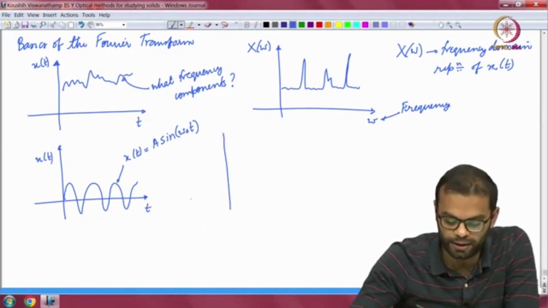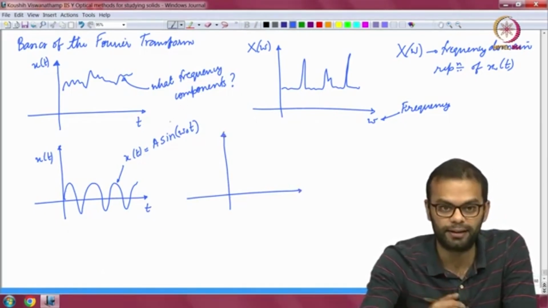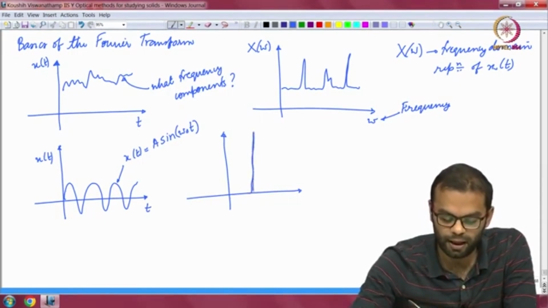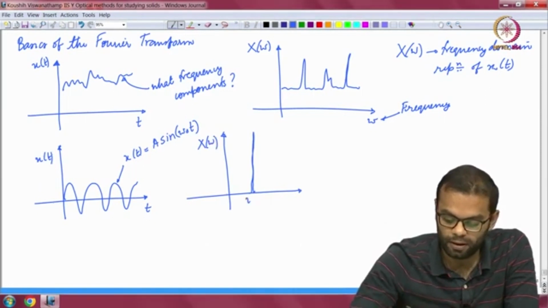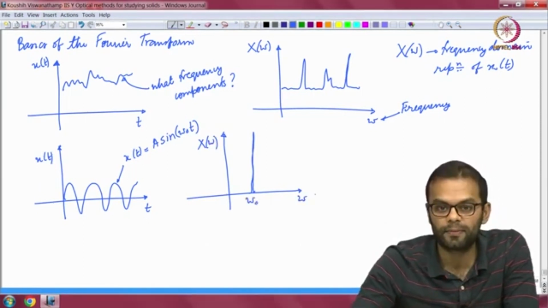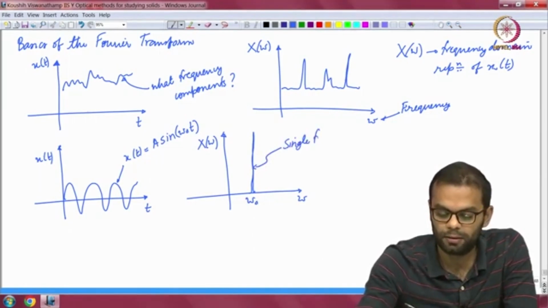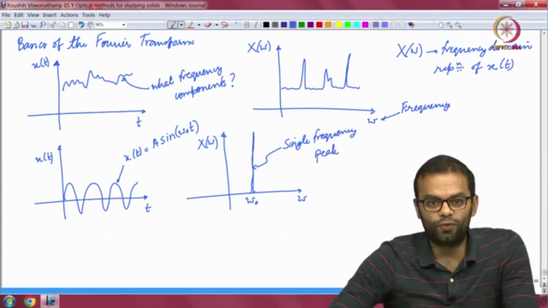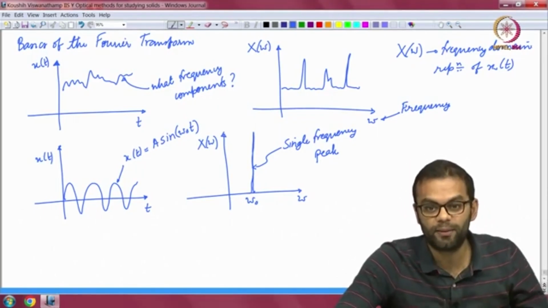The frequency representation of this, if you ask the question what frequency components are in the signal, is basically 0 everywhere, and then it has a large peak at omega equal to omega naught, right. So it is a single frequency peak.